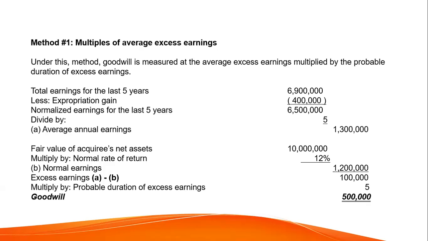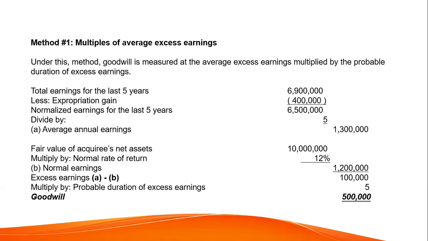giving us the average annual earnings of 1,300,000. Now, the fair value of Aquarius net assets is given at 10 million, and we multiply this by the normal rate of return of 12%, giving us the normal earnings of 1.2 million. And we have the average annual earnings of 1.3 million. Here we have the excess earnings equal to 100,000.